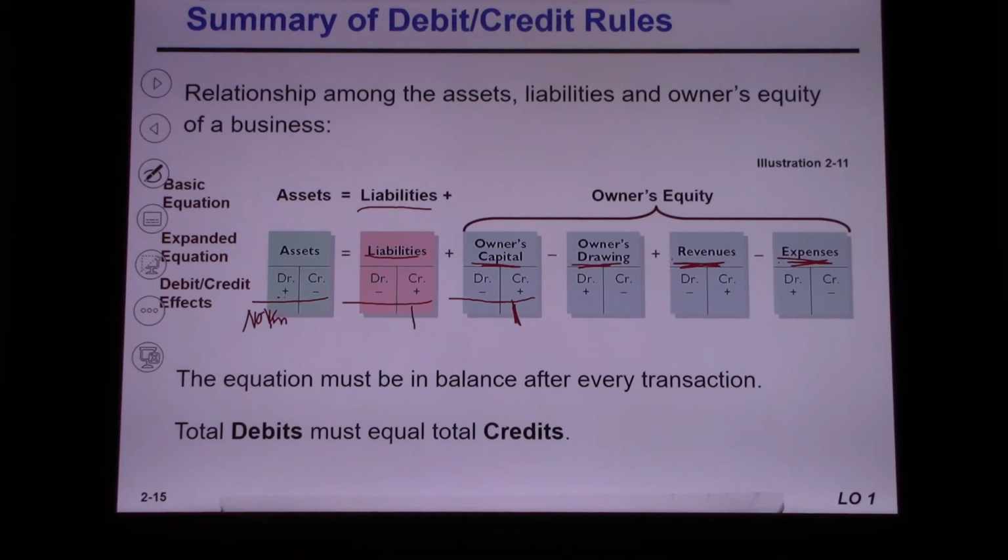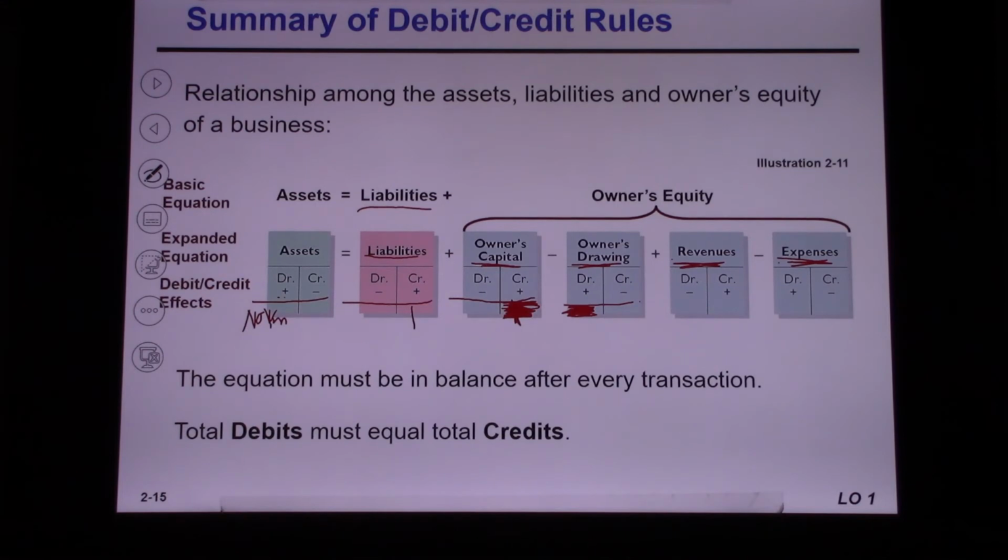While any increase in drawings is debited, and any decrease in drawings will be credited. Drawing is the opposite of owner's capital, and the normal balance is on the debit side, the increase side, while owner's capital's normal balance will be on the credit side.